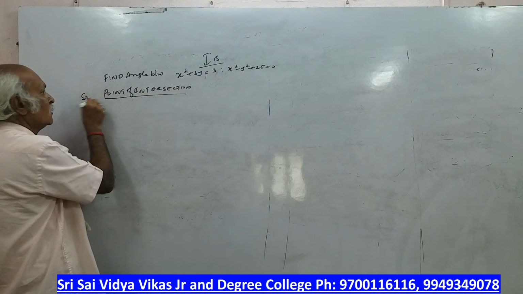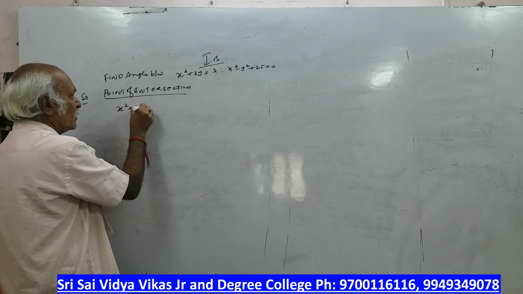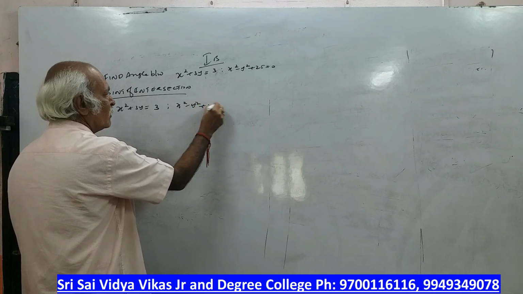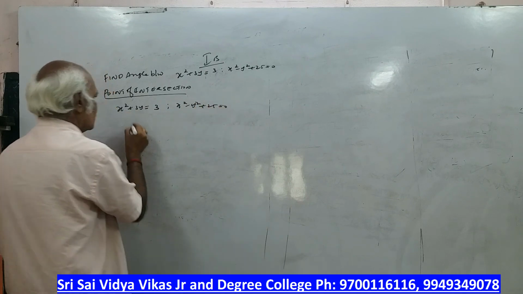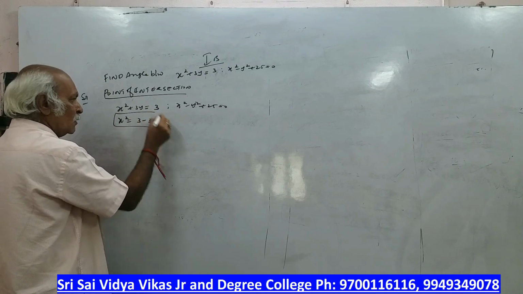Okay, so here x square, what is the curve? x square plus 3y is equal to 3, so put x square here. From this, x square is equal to 3 minus 3y. Put this value here.